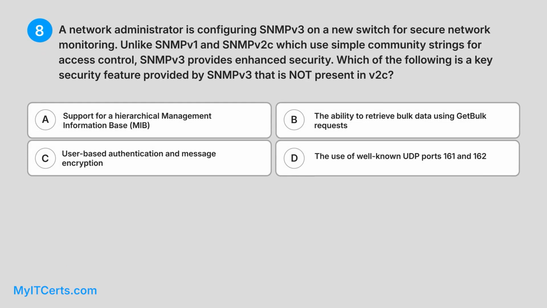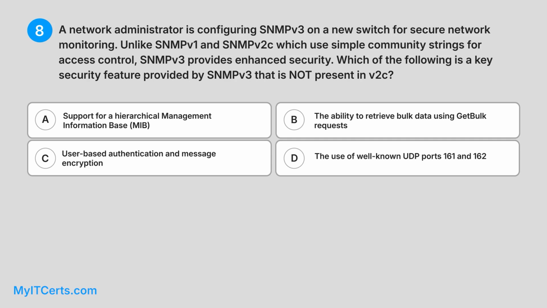8. A network administrator is configuring SNMPv3 on a new switch for secure network monitoring. Unlike SNMPv1 and SNMPv2c, which use simple community strings for access control, SNMPv3 provides enhanced security. Which of the following is a key security feature provided by SNMPv3 that is not present in v2c?